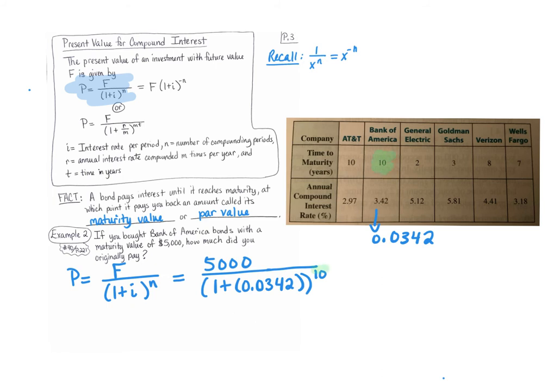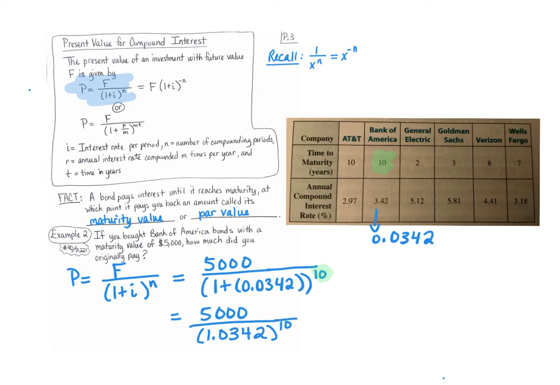So this 10 corresponds to this 10. So we then have 5,000 divided by the quantity 1.0342, because we added what was inside parentheses, raised to the 10th power.